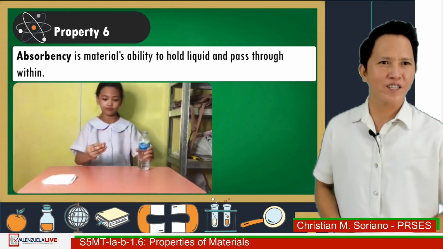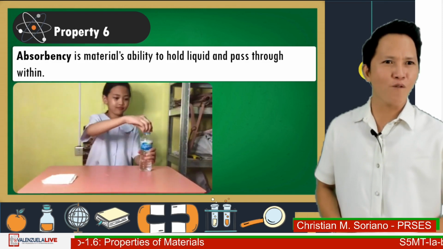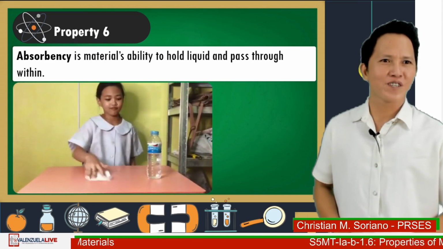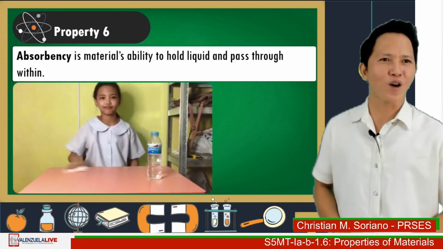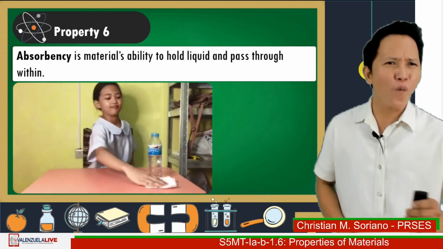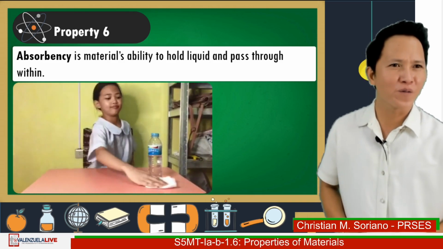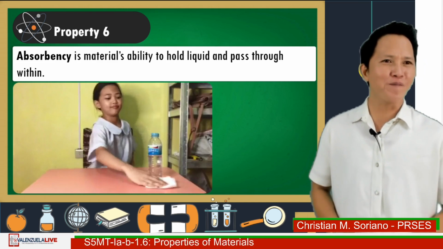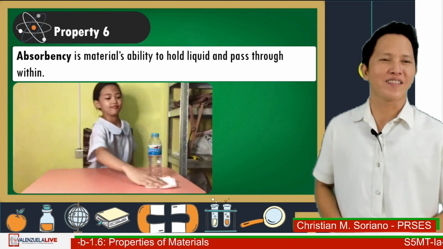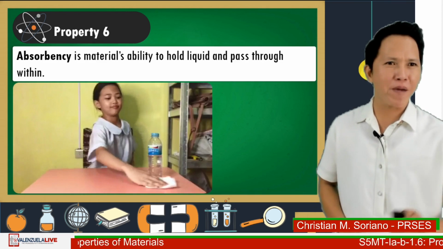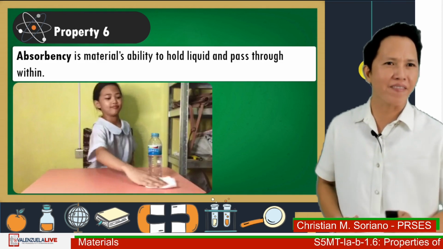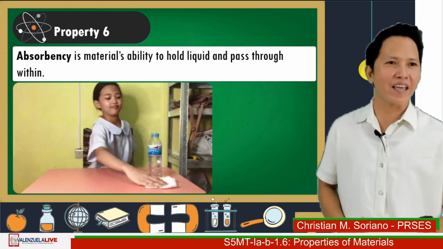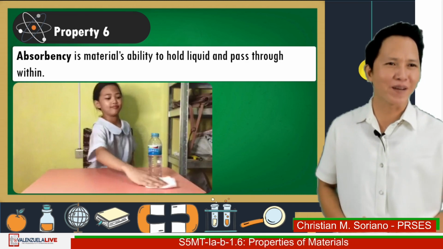The student tried to pour some water on the table and she wipes the wet table. Where does the water go? Yes, the water is being absorbed by the tissue paper. The tissue paper is an absorbent material, just as the cotton balls and fine cloth we have at home.